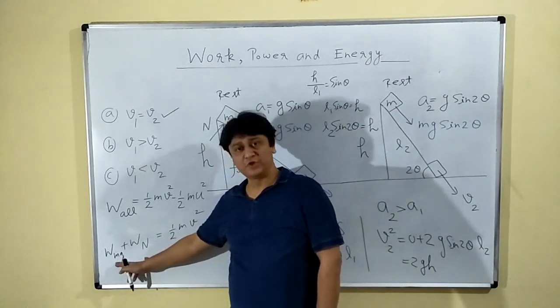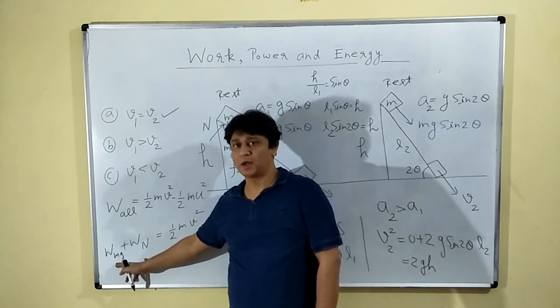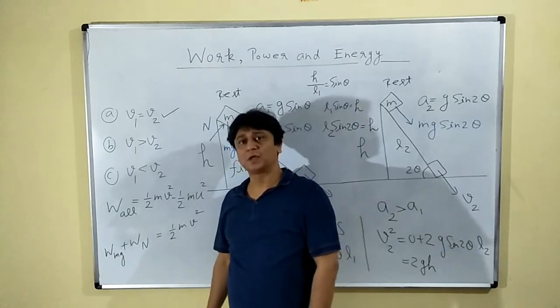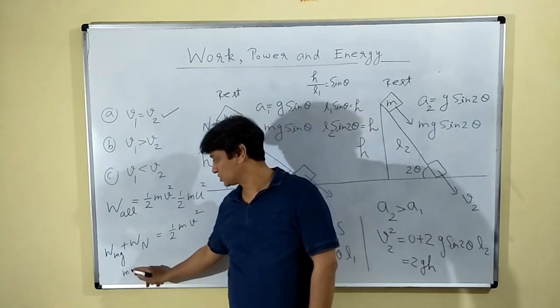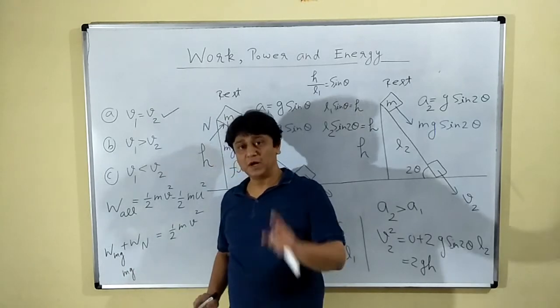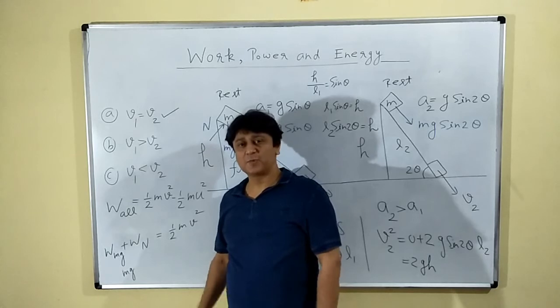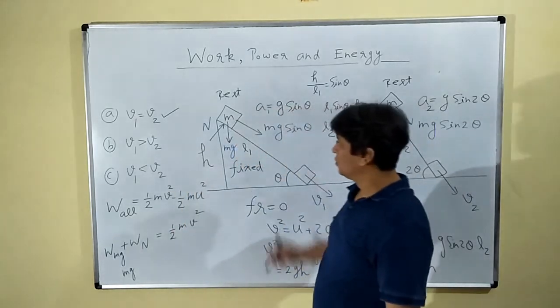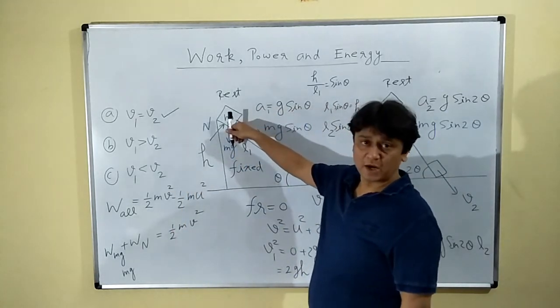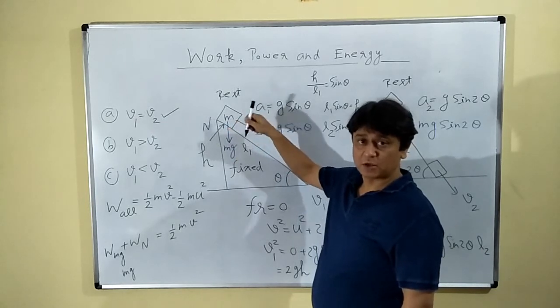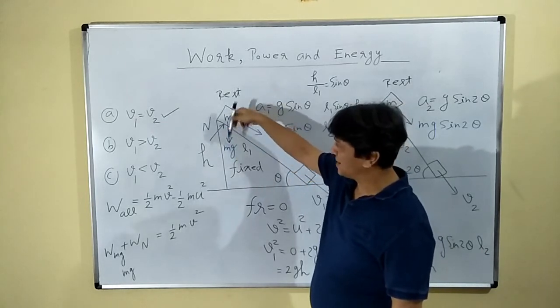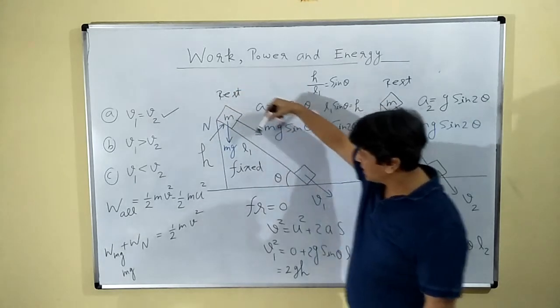अब if you remember work of mg, ये फाइंड करने का हमारा एक सिंपल सा तरीका था. क्या तरीका था? फोर्स multiplied by displacement in the direction of force. Force multiplied by displacement in the direction of force, that is the direction of mg. ऑब्जेक्ट यहां से यहां आया है.